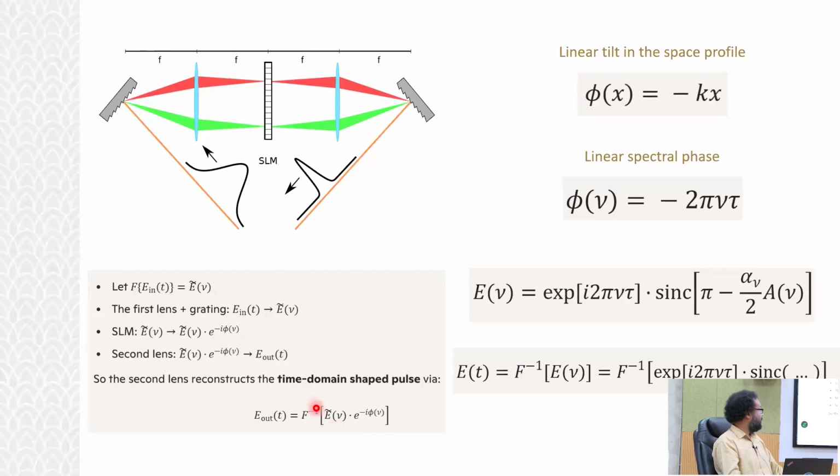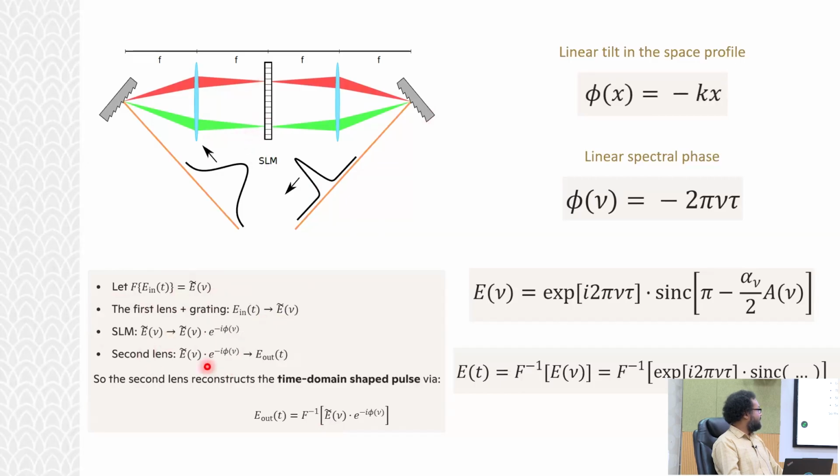Let's go over it again. So input is this guy. You have some input electric field in time. Your first lens and the grating converts it into an electric field distribution in frequency. Your SLM adds or multiplies a phase as a function of nu, and that of course is spatial on the SLM.